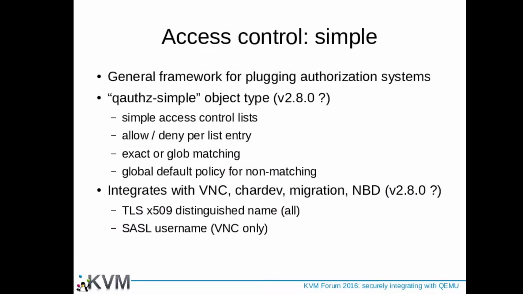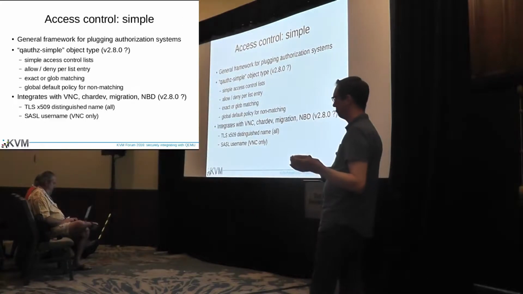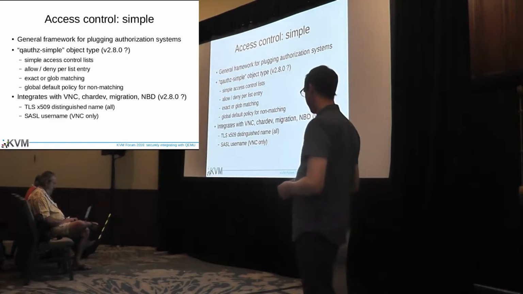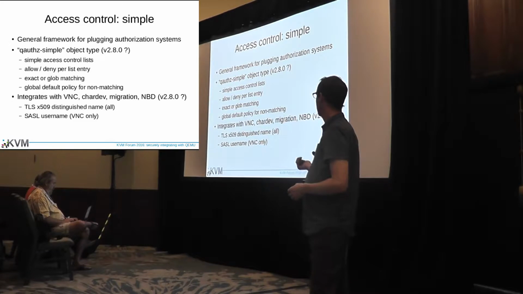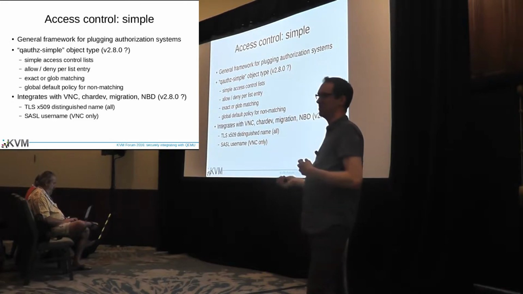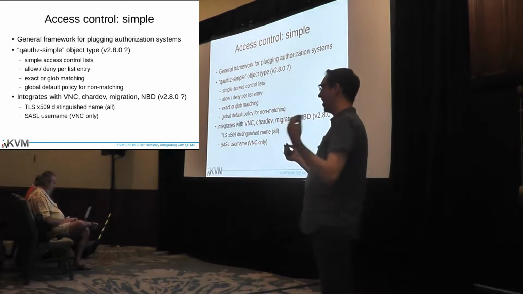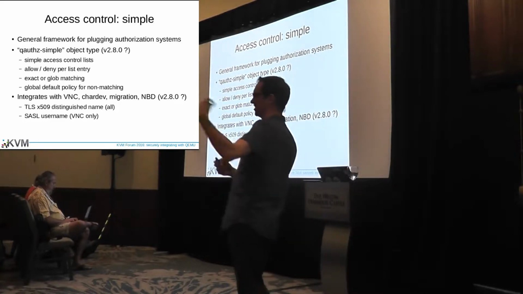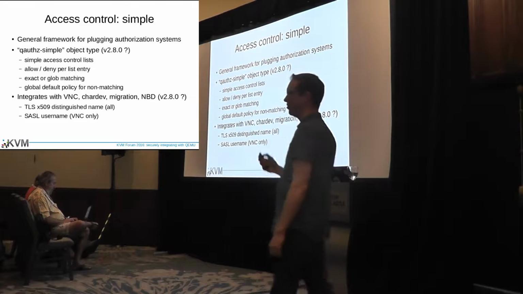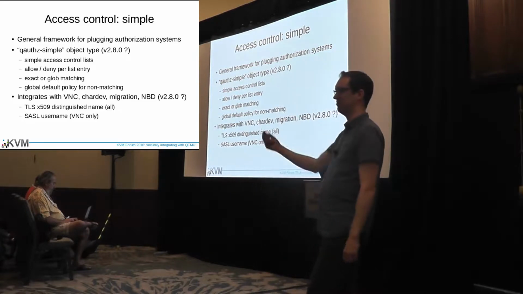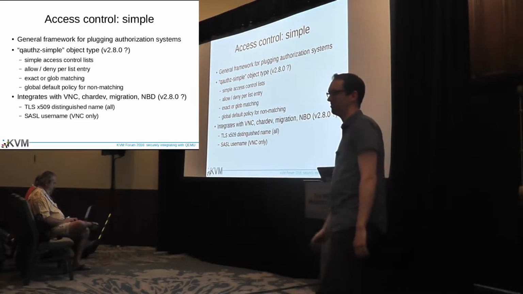To this end, we're writing a general purpose authorization subsystem in QEMU. The initial implementation just maintains a simple access control list. So when a client connects to QEMU, it presents its client certificate. QEMU can then go and say, is this certificate in the access control list that I configured?